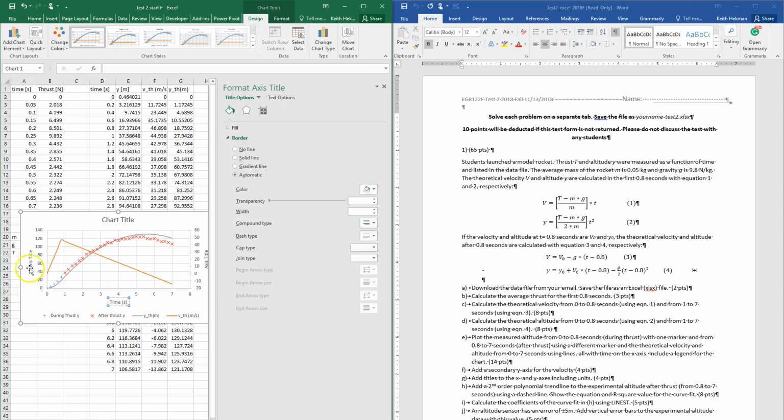This is time in seconds. Altitude in meters. Velocity in meters per second.